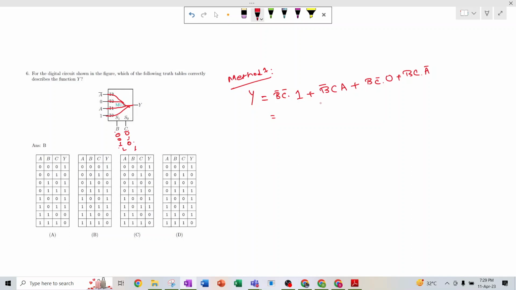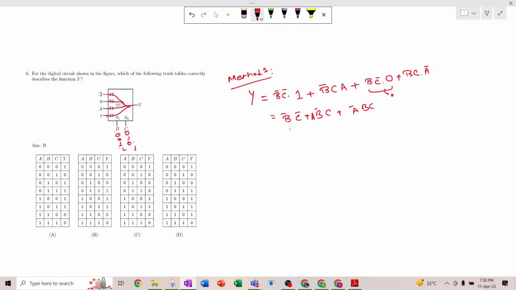So if we write it in a more simple way, it is B bar C bar plus B bar C A, right? Plus this becomes 0, and this thing becomes A bar B C. Okay.